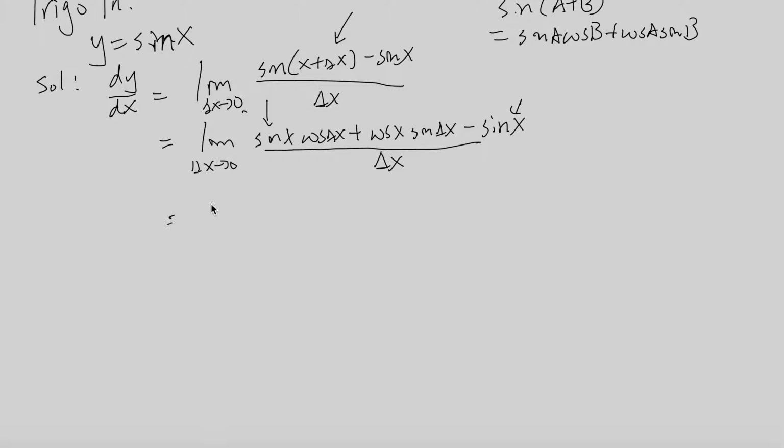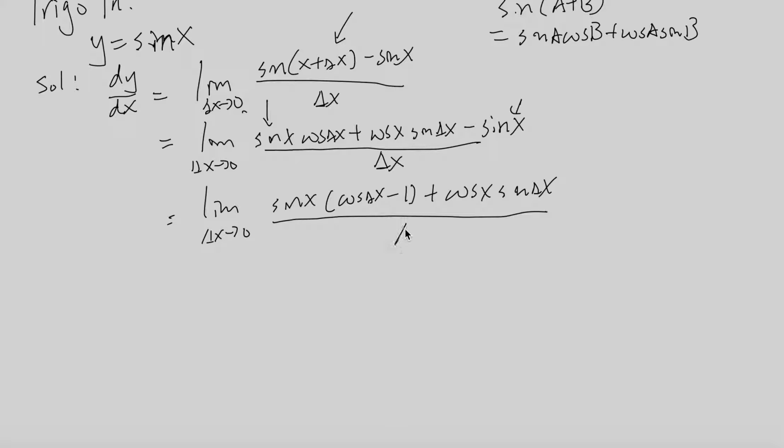The limit as delta x tends to 0 of sine x times (cosine delta x minus 1) plus cosine x sine delta x, over delta x.